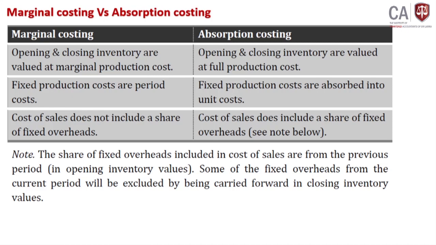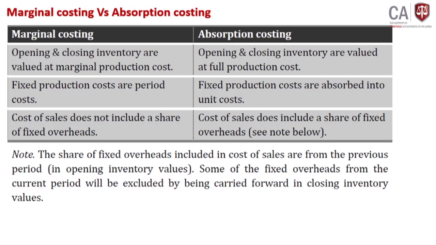Look at this note. The share of fixed overhead included in cost of sales is from the previous period, which means the opening inventory value. Some of the fixed production overhead from the current period will be excluded by being carried forward into closing inventory value. In my example, the total fixed production overhead cost is 1 million, and 200,000 of it you will not charge to this financial year, but carry forward to next financial year through closing inventory.